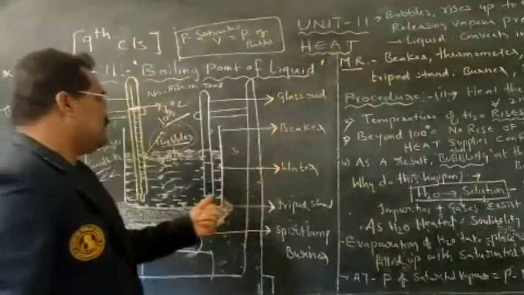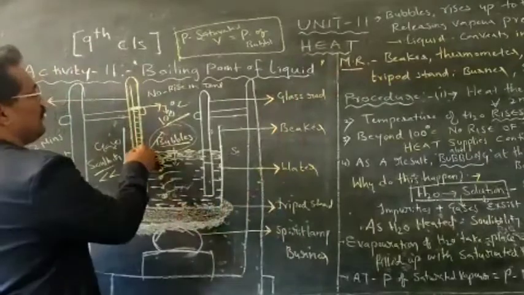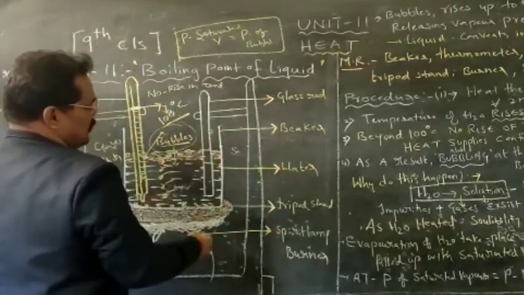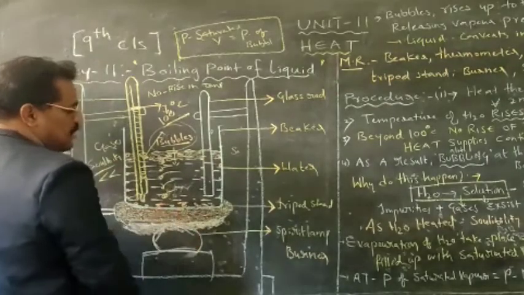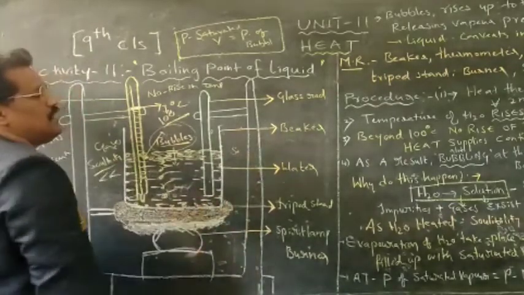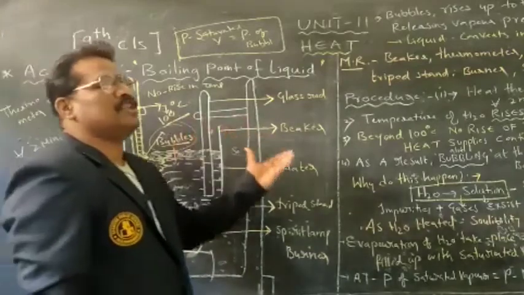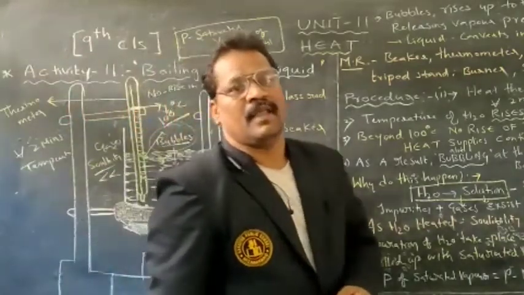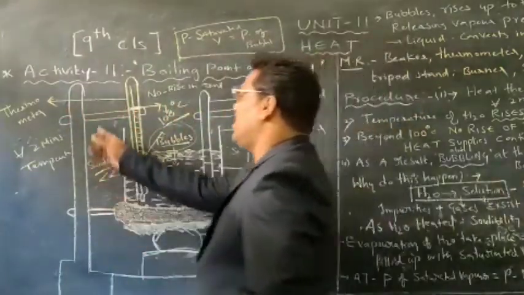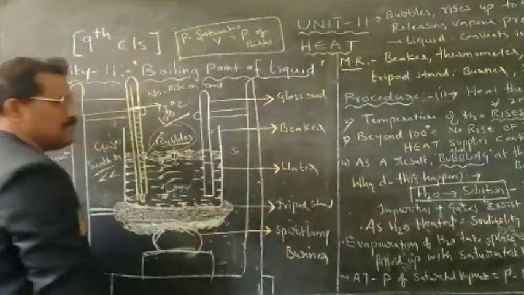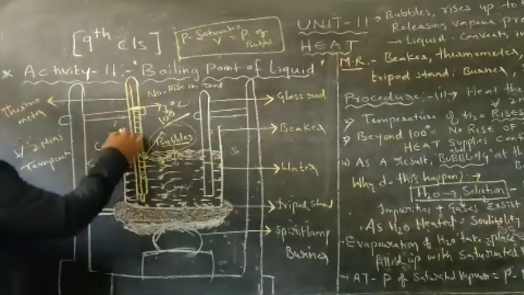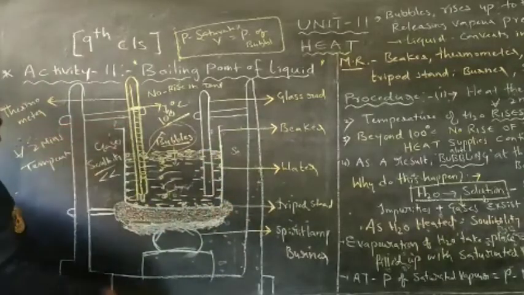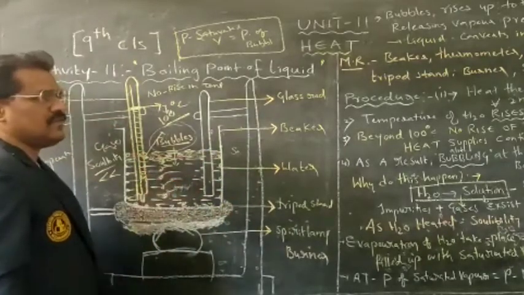The materials required are a beaker, thermometer, glass rod, water, tripod stand, spirit lamp burner, and stands to perform this particular activity. Description: First of all, fix the two stands. Fix a tripod stand and mount a beaker on the surface of the tripod stand.